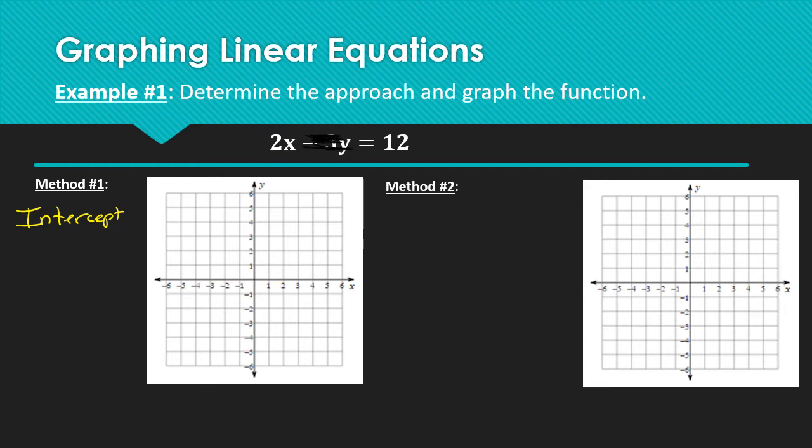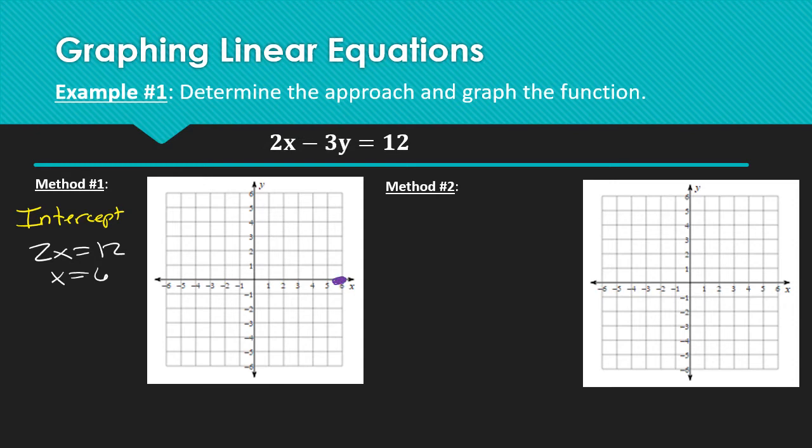I'm going to cover up the 3y. Now I have the equation 2x equals 12. When I solve that, x equals 6. So this equation has an x-intercept on your graph at the point 6.